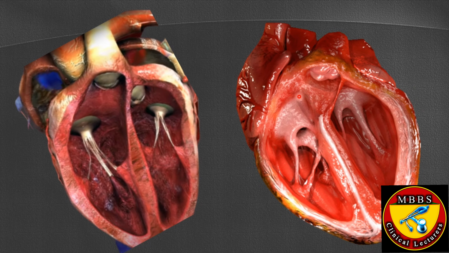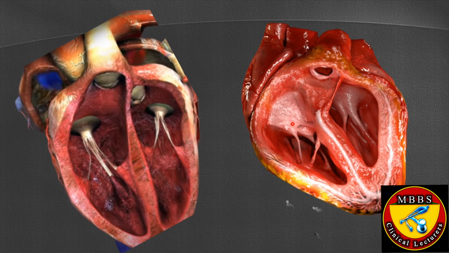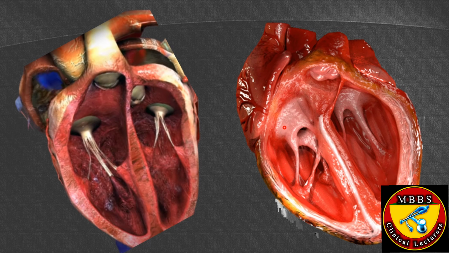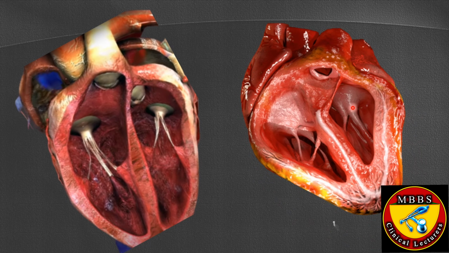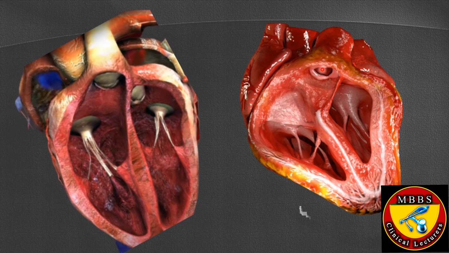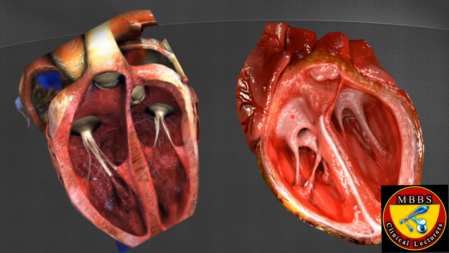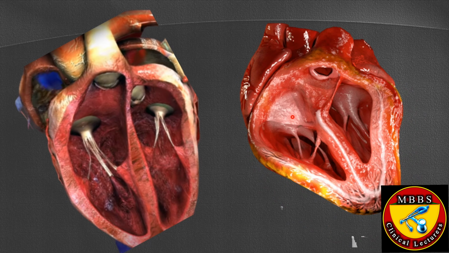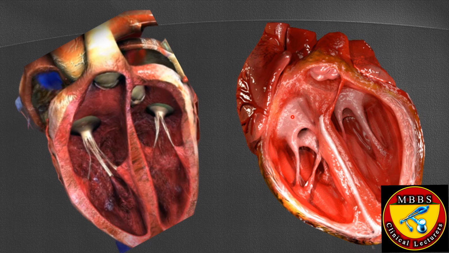And the valves are attached within these rings. So there is one bicuspid valve and three tricuspid valves. Pulmonary, aortic and right AV valve are tricuspid, whereas the left AV valve is the bicuspid valve.